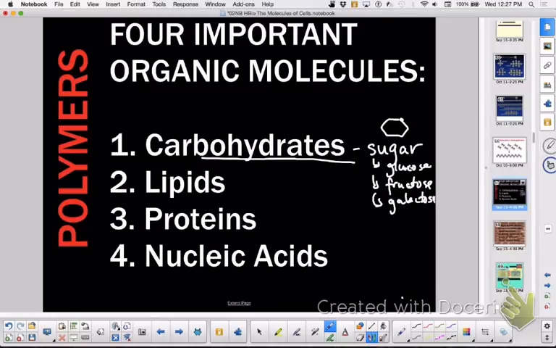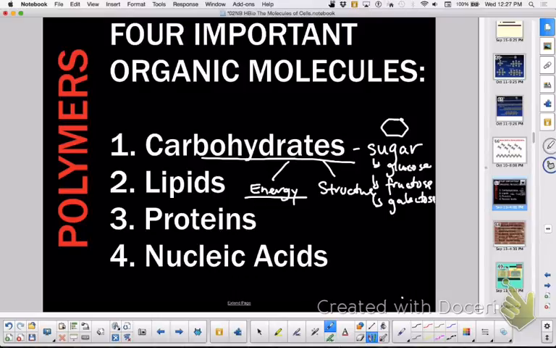In polymers, there are 2 main functions of those polymers. What are the 2 main? Energy and what? Structure. How you store your energy is different depending on if you are a plant or an animal. How do you and I store our energy? Glycogen in our livers.